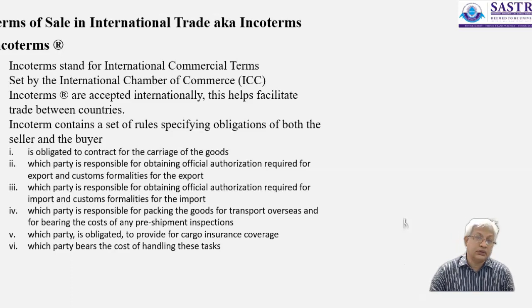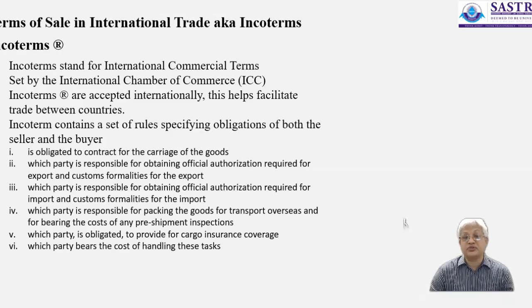Now, a set of details has been provided in front of you. For example, the first one says, between the buyer and the supplier, who is obligated to contract for the carriage of the goods? Who will enter a contract with the vehicle for transportation? Which party is responsible for obtaining the authorization required for export and customs formalities?